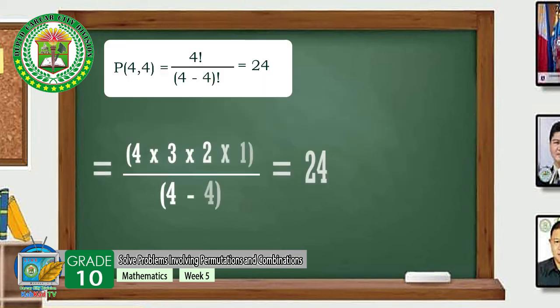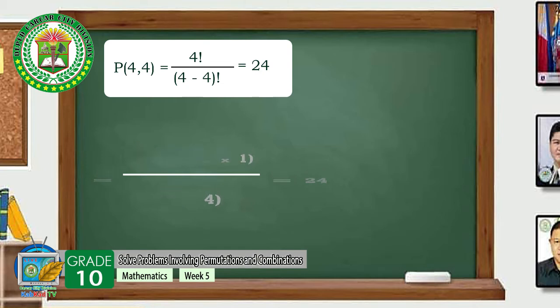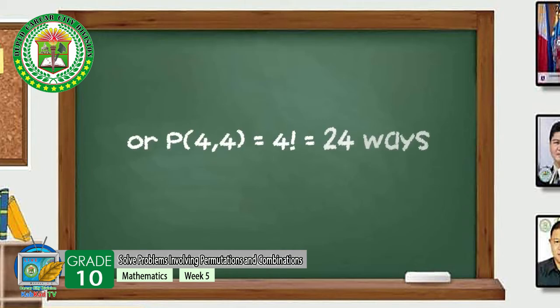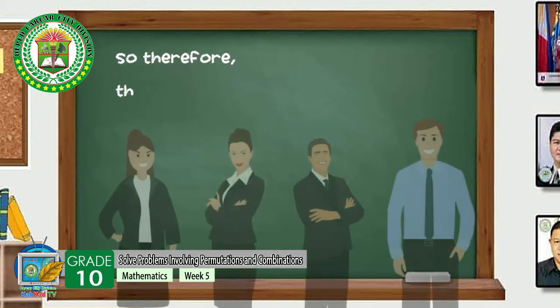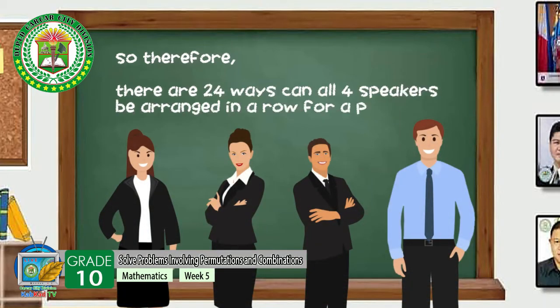Well, it is because when we say 4 factorial, that is the same as 4 times 3 times 2 times 1, and that is equal to 24. So therefore, there are 24 ways all 4 speakers can be arranged in a row for a photo.